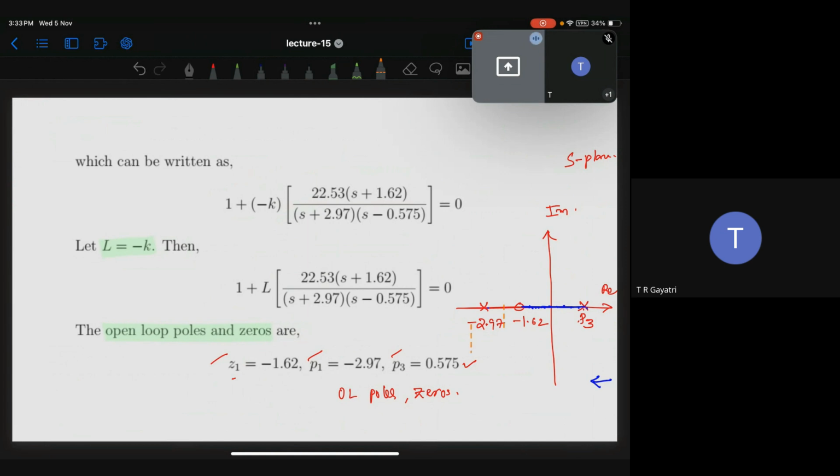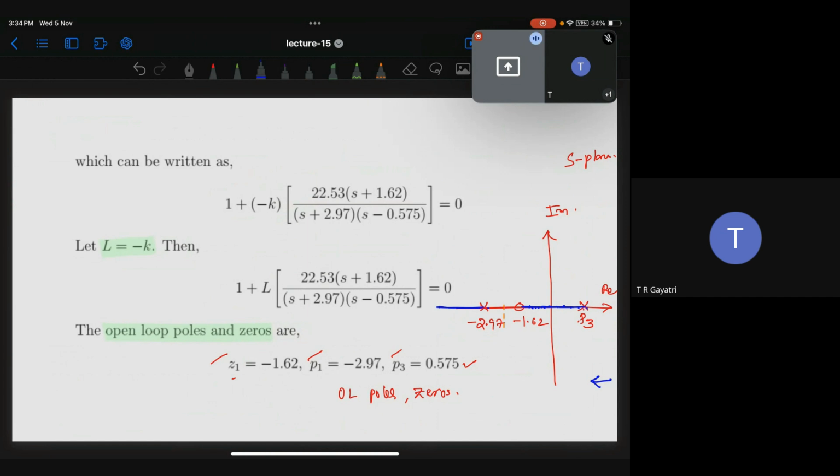If you take a point here, it will be 3, correct? Yes, sir. So this is on the root locus. You got that point now? Yes, sir. To decide which segments are on the root locus, you come from the right side and decide it.